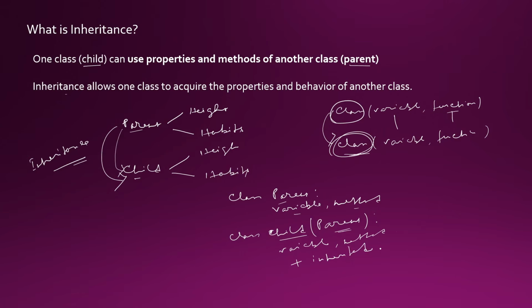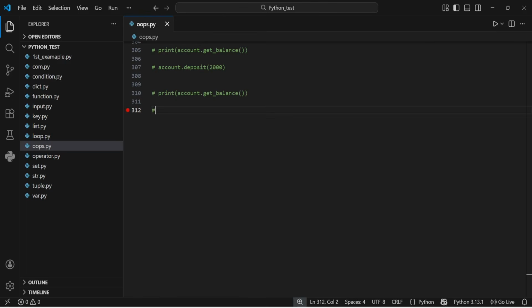That means in this class I can use these inherited properties, whatever properties my parent class had, and along with it I can define my own variables and methods separately. This is the basic syntax of writing inheritance. So this is inheritance.